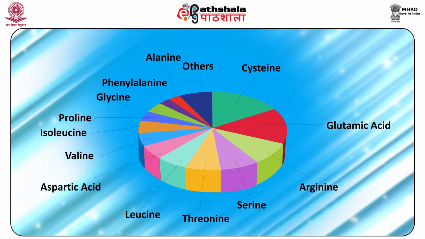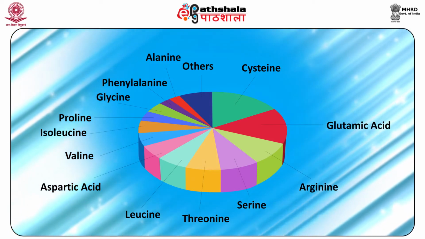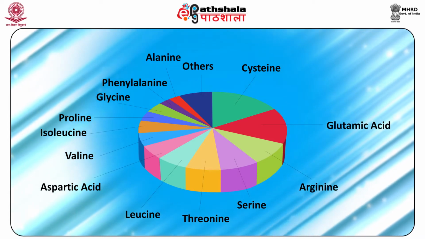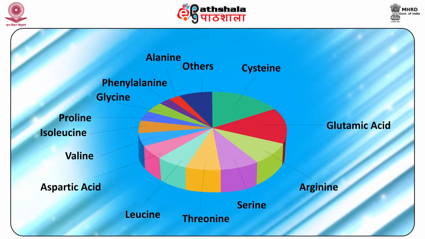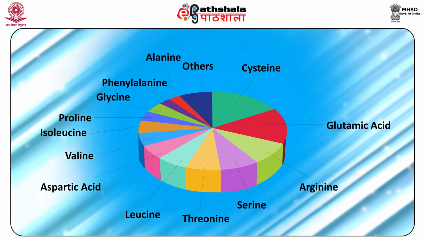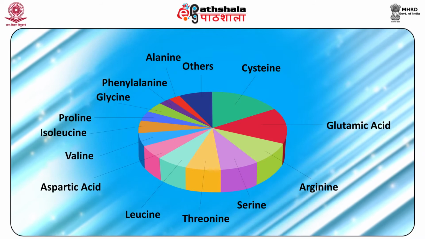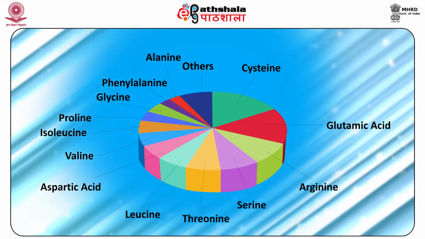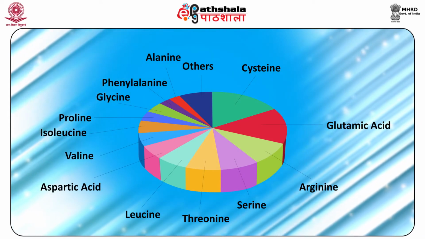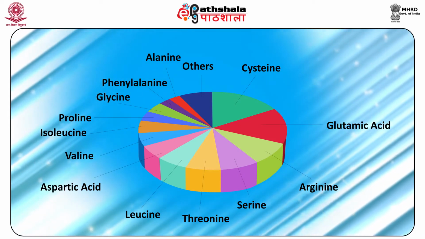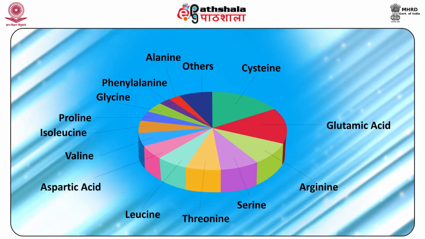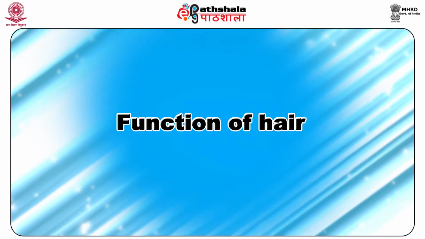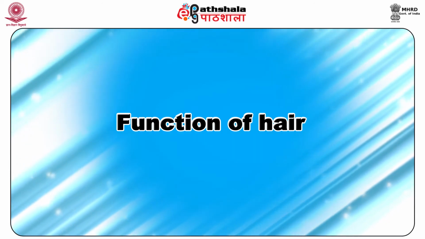The amino acids of hair include cysteine, glutamic acid, arginine, serine, threonine, leucine, aspartic acid, valine, isoleucine, proline, phenylalanine, glycine, and alanine, as well as some other materials also.